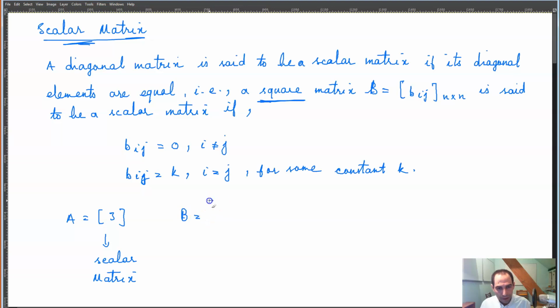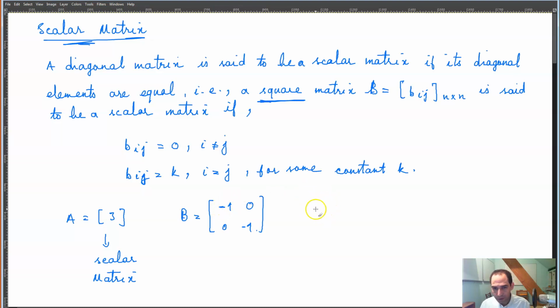Now, as another example, some matrix B as -1, 0 and 0, -1, right? So this is first of all a square matrix. Second of all, it's a diagonal matrix because you have these two zeros over here. And third of all, it's a scalar matrix because all of these elements across the diagonal are equal to some k equal to -1.